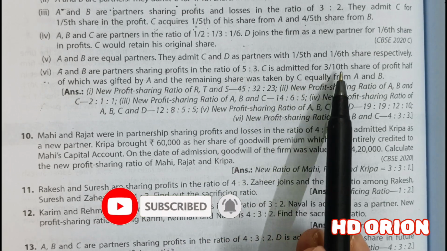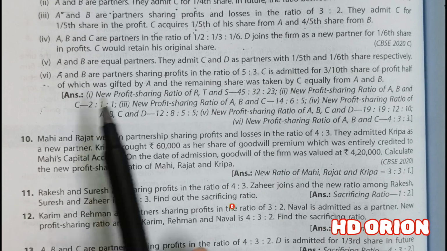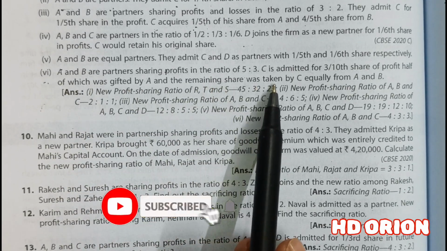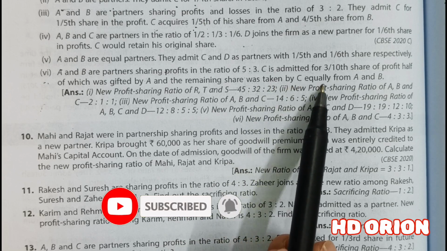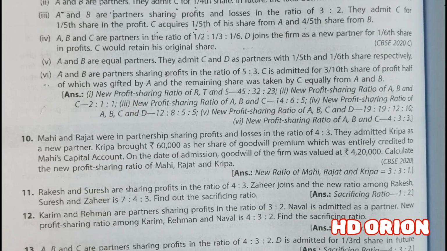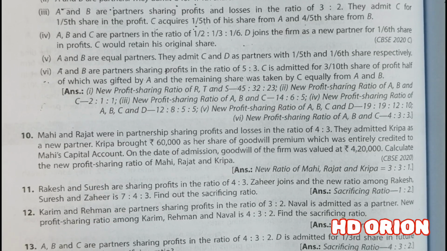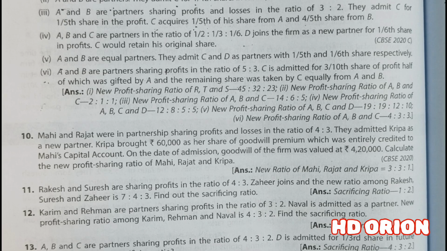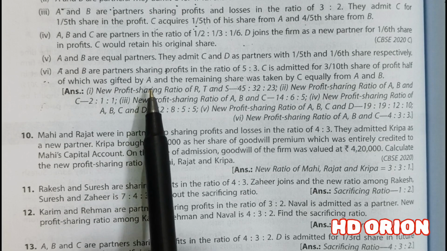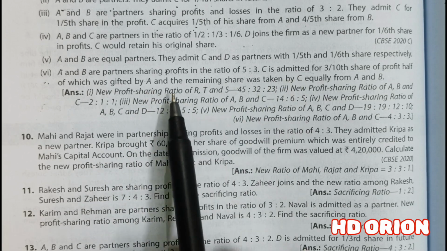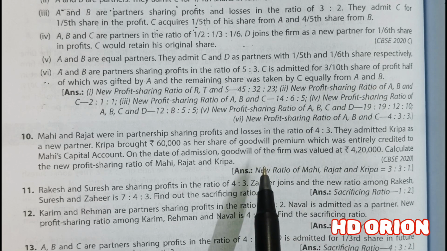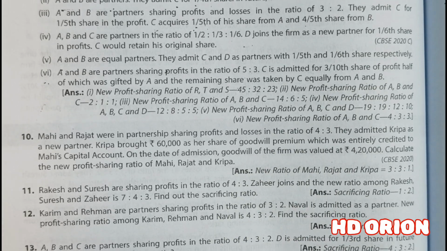C is admitted for 3/10 share of profit, half of which is gifted by A, and the remaining share was taken by C equally from A and B. So this last sentence, the question is trying to tell about the sacrificing part of old partners A and B. A is giving half the portion which C is getting, but the other half is again contributed by A and B equally. Let us see the solution.